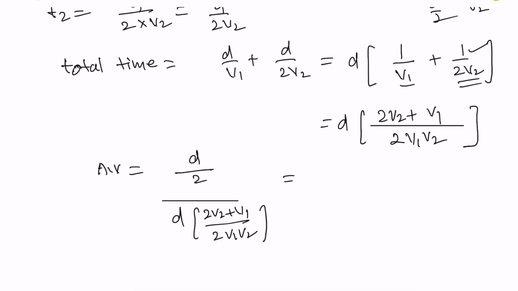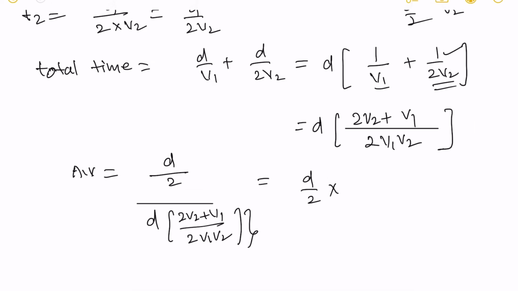So this is d by 2 into, when a rational number comes up, it becomes reciprocal. So the reciprocal of this one is 2v1v2 by d.